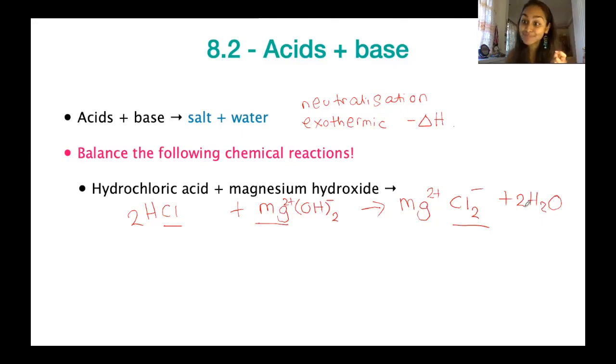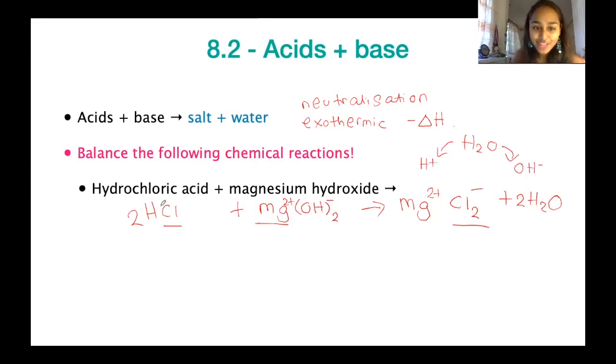And as a really big top tip, how do I know that I need a coefficient of 2 in front of my water? What's a quick way of working that out? Always remember that water is derived from a hydrogen ion, H+, and a hydroxide ion, OH-.